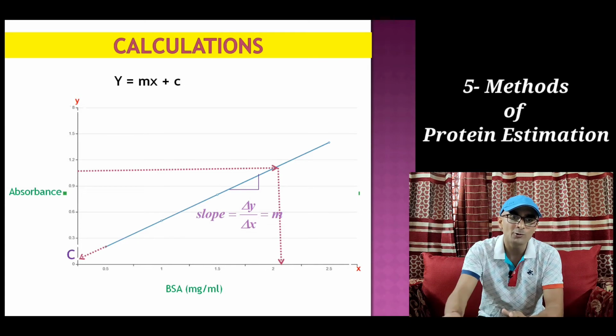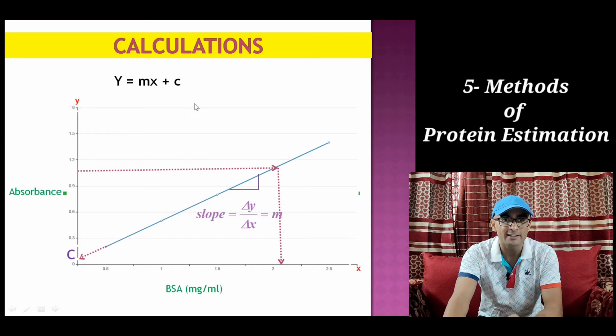Another method is, because it is a straight line, it follows y = mx + c. You can extrapolate this graph up to where the value of x is 0, that is the intercept c. Whatever value of c you get, you can put into the equation, along with the slope m, which can be calculated using dy upon dx. So it will have a fixed value of m.